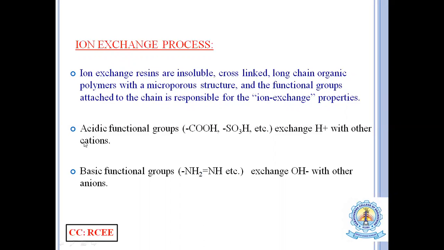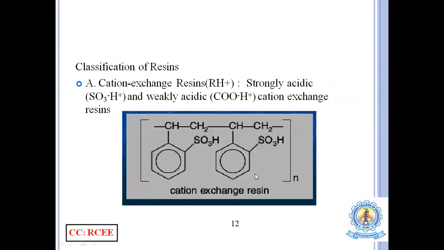The first one is acidic functional groups, which exchange H+ ions, like COOH or SO3H. And the basic functional groups exchange OH- ions, like amine or hydroxide groups. Next, the classification of resins. This is a cation exchanger, which has a long chain porous structure, and this is RH.